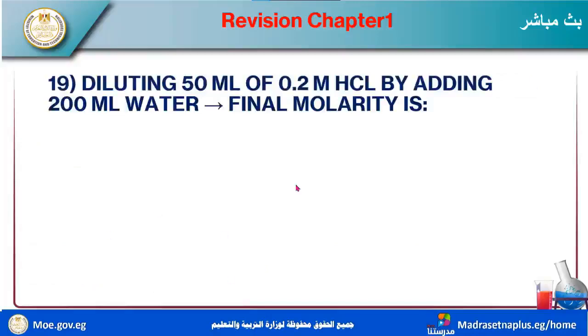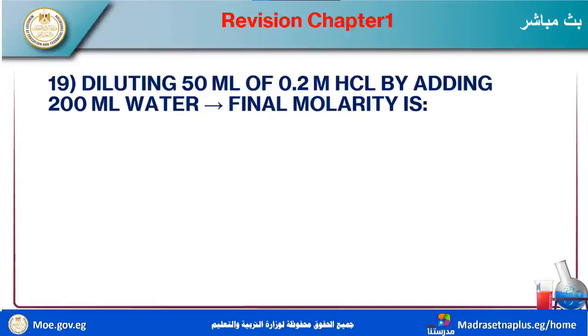Diluting 50 mL of 0.2 molar HCl by adding 200 mL water. I want to know the final molarity. Now, I told you before, M1 times V1 equals M2 times V2. Do you remember? Now, 50 mL of 0.2 molar is M1 times V1.